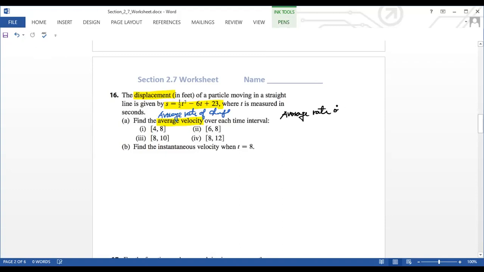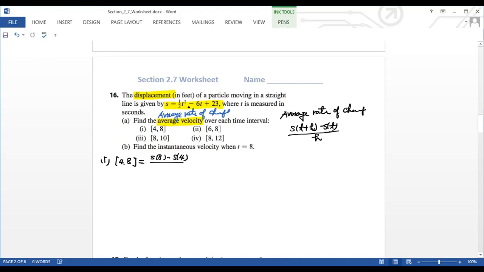So here is the formula we use. Remember that? We say S of t plus h minus S of t, over whatever the h in between. Okay, so now let's try to do a couple here, like 4, 8. What does that mean? That means you put S equal to 8 minus S equal to 4.